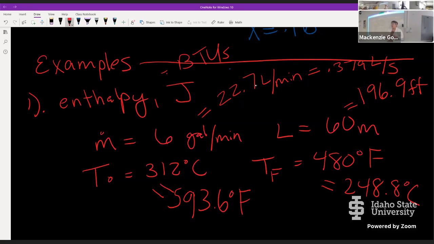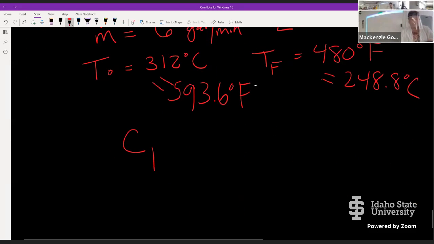So if there was a problem on our review sheet for the test that gave you some temperatures in Fahrenheit or Celsius, and enthalpy in joules or BTU, and then maybe gave you this constant, our specific heat capacity, I'm gonna have to look it up.